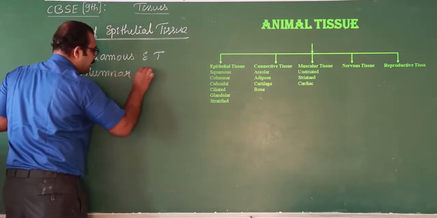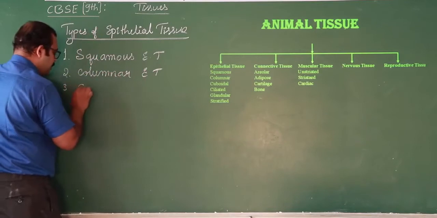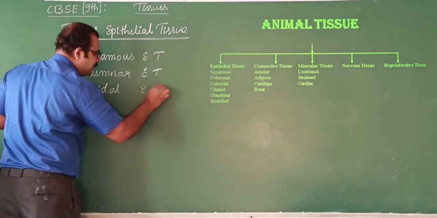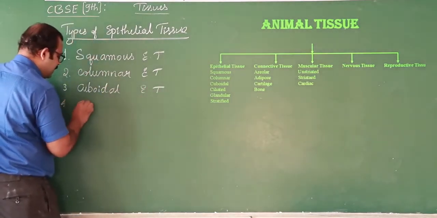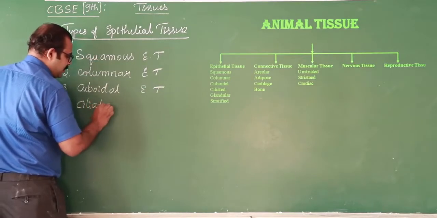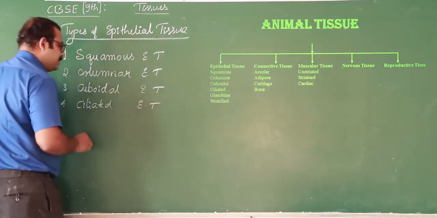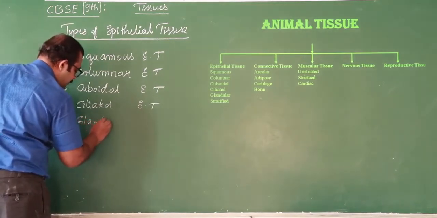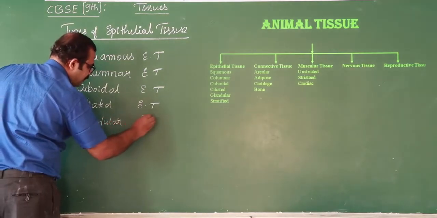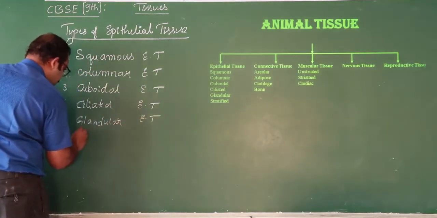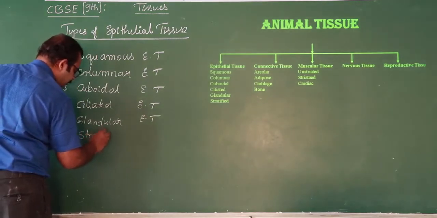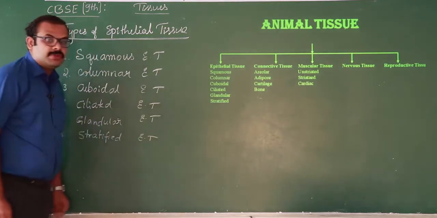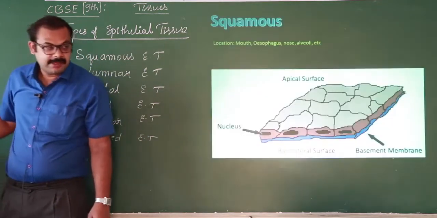Columnar epithelial tissue, cuboidal epithelial tissue, ciliated epithelial tissue, glandular epithelial tissue, then stratified epithelial tissue. These are the different types of epithelial tissue.